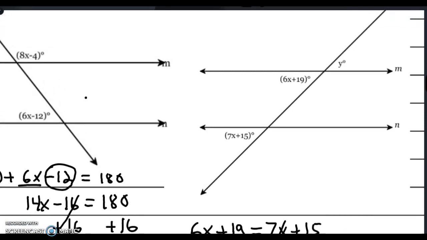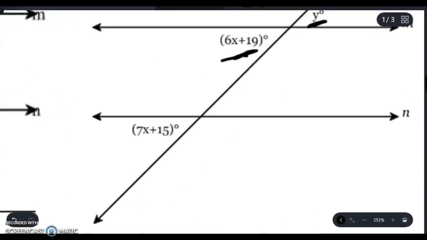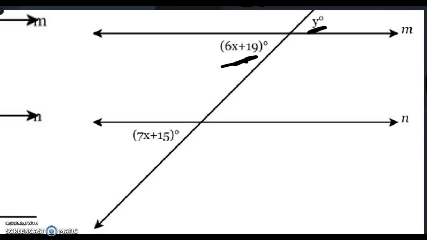Okay? Alright, now in order to find y, we know y is equal to 6x plus 19 because they're vertical angles. So what I could do is say y is equal to 6x plus 19. But now I know what x is. x is 4.